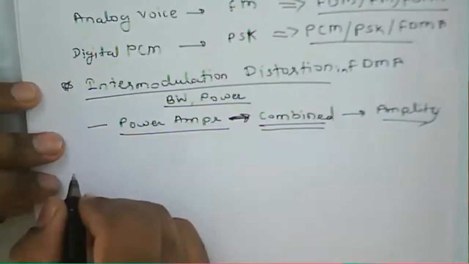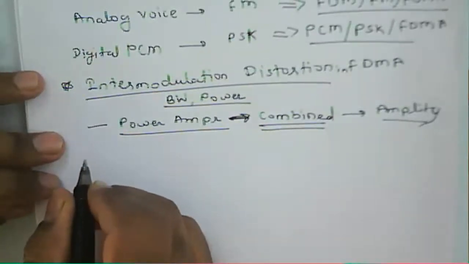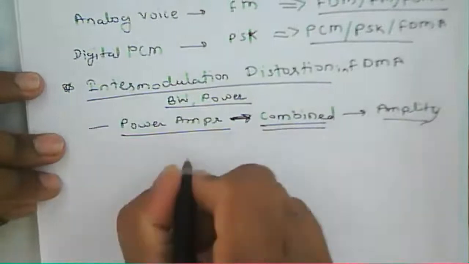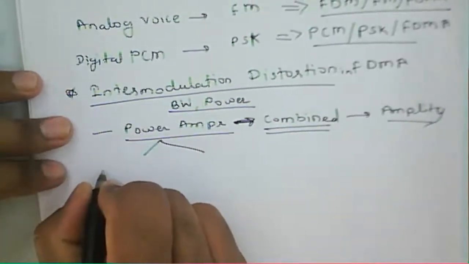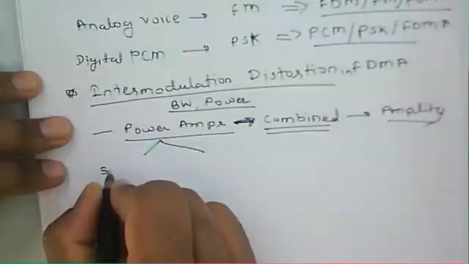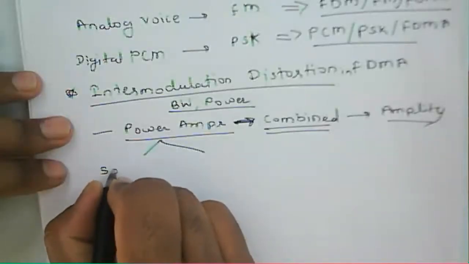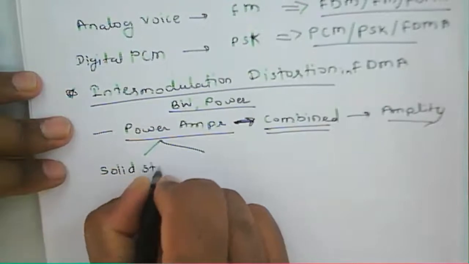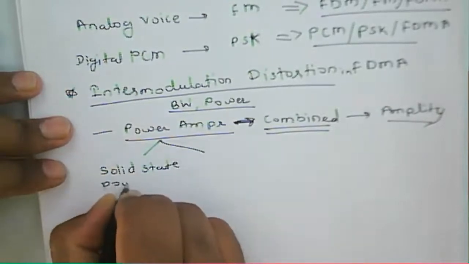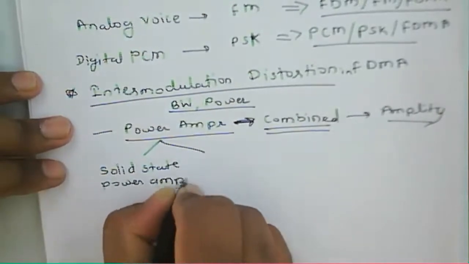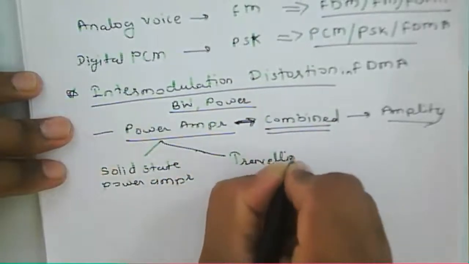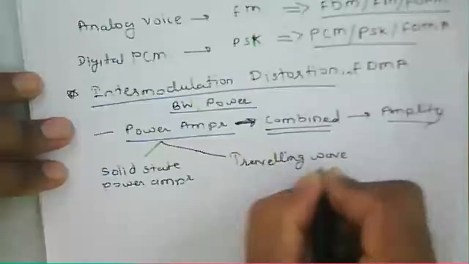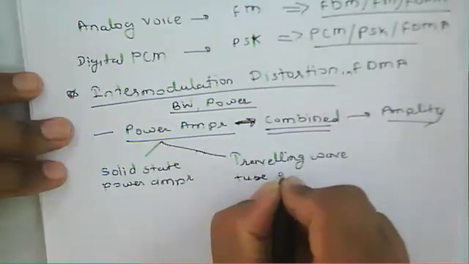So in the satellite or in the transponder, there are two types of power amplifier used. That is a solid state power amplifier and a traveling wave tube amplifier.